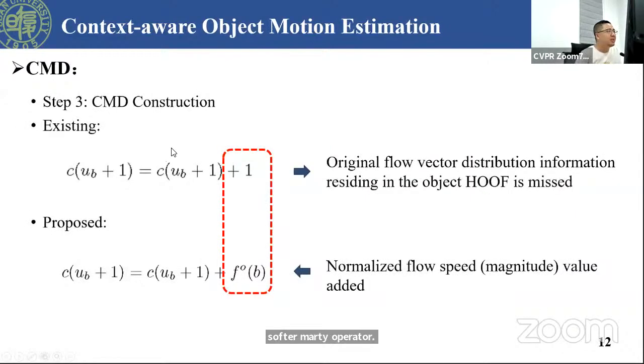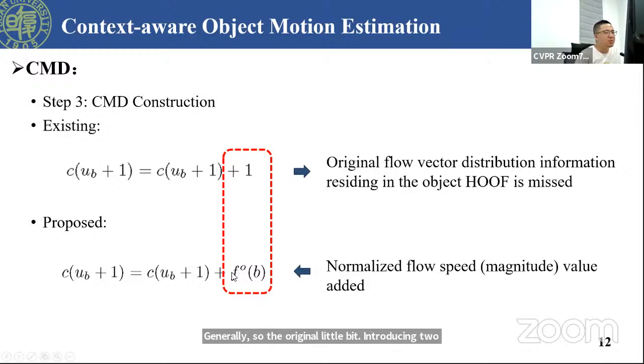Now step 3 is to construct the context-aware motion descriptor, which we call CMD. The CMD descriptor utilizes FOB to replace the original one. The original is to generate the original flow vector distribution, the original histogram.